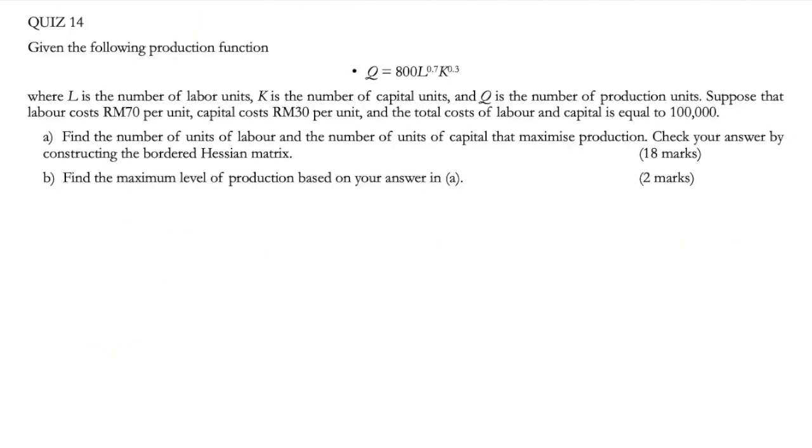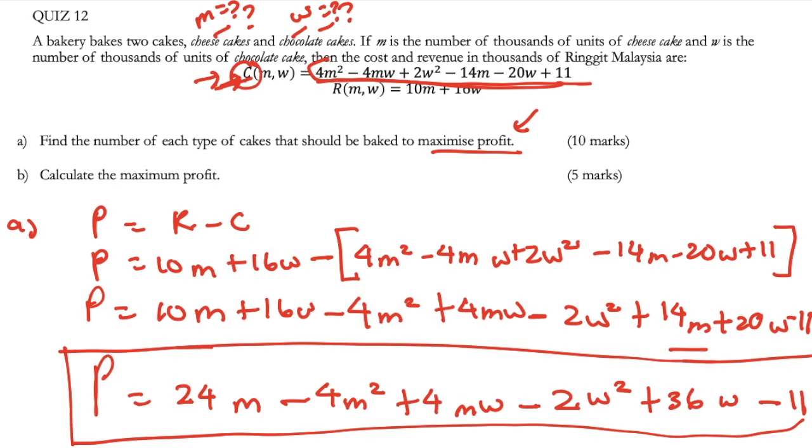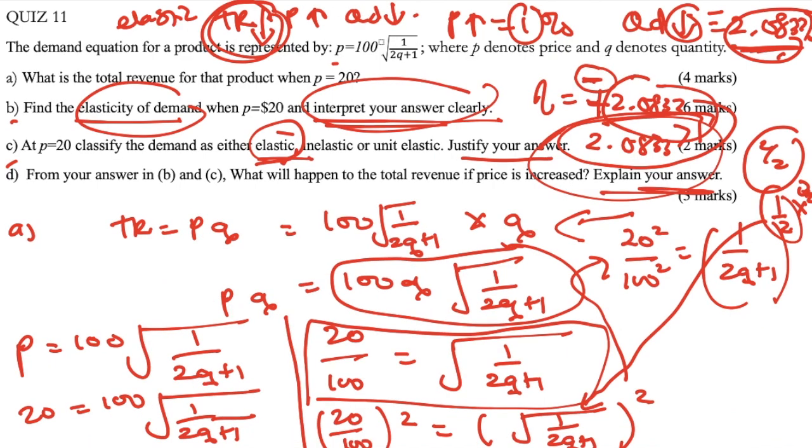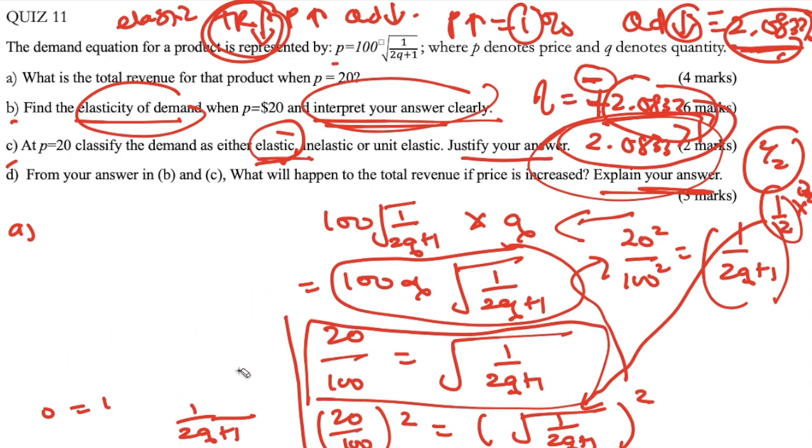Before I forget, I would like to go back to this question, the question of elasticity. Let me erase this. As you can see here, the demand equation given to you is an inverse demand function. Why do I say inverse?